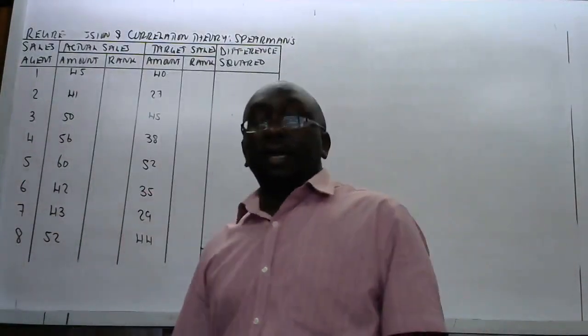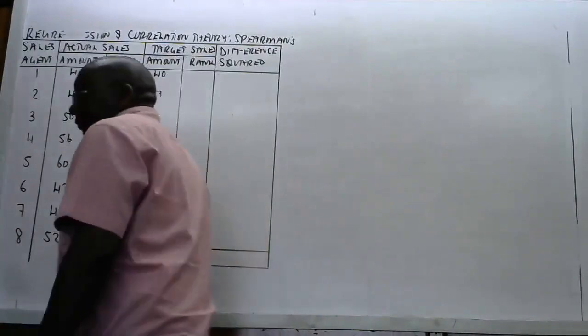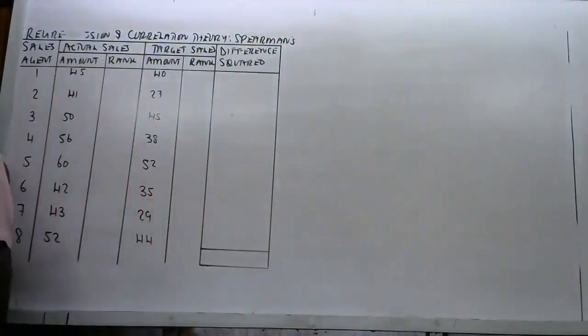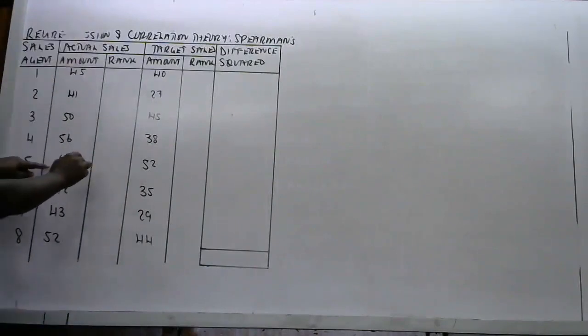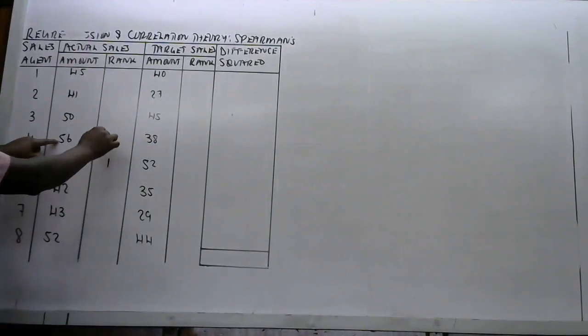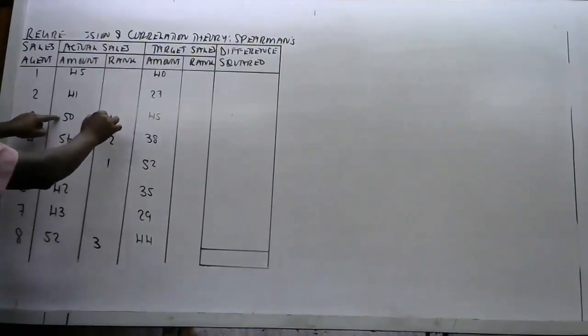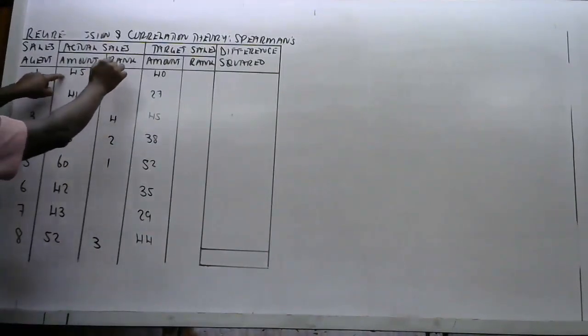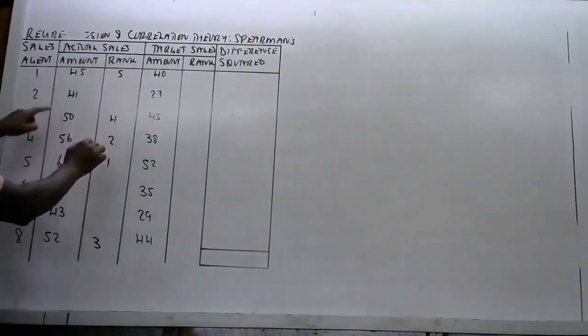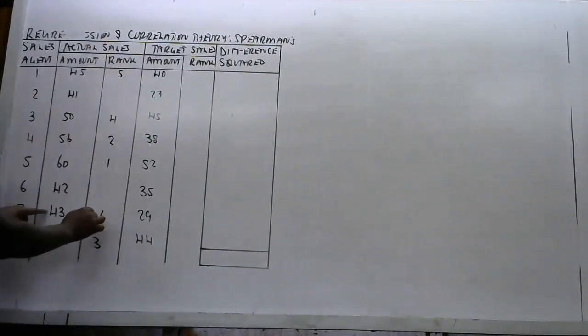So we can start ranking. Okay, so here number 1 is Rivers here, followed by 56, followed by 52, followed by 50, followed by 45, followed by 43.